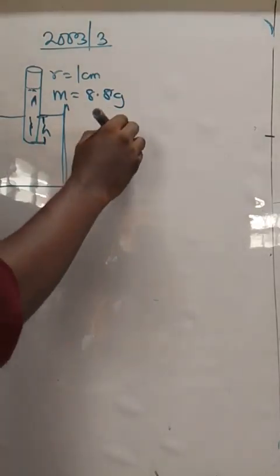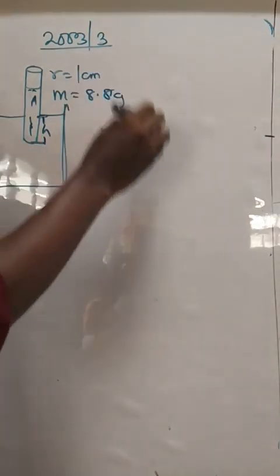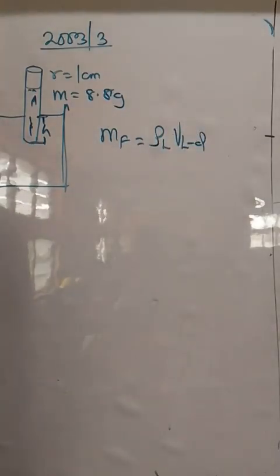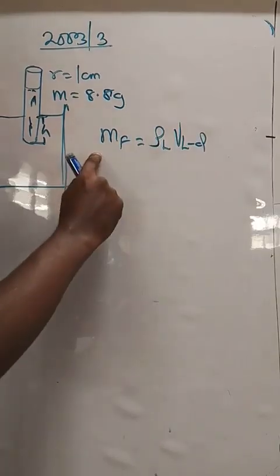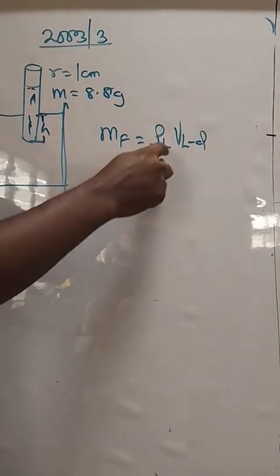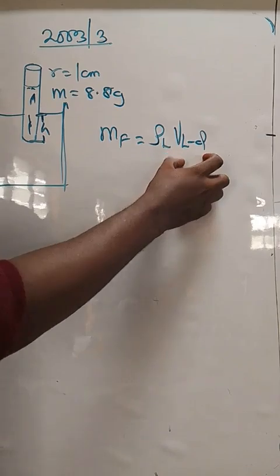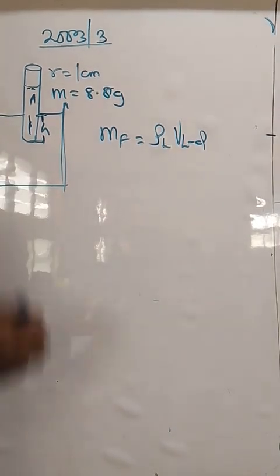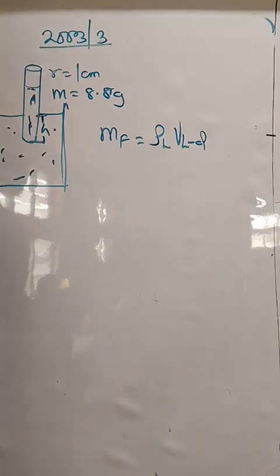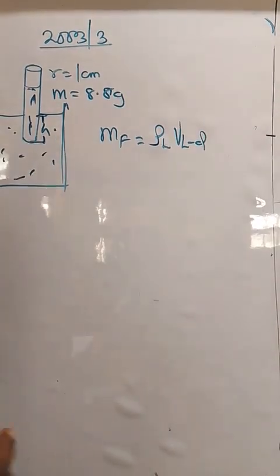When a body floats, its mass equals the density of the liquid times the volume of liquid displaced. This is from the principle of flotation. What's the liquid in question? Is it paraffin? It is water.